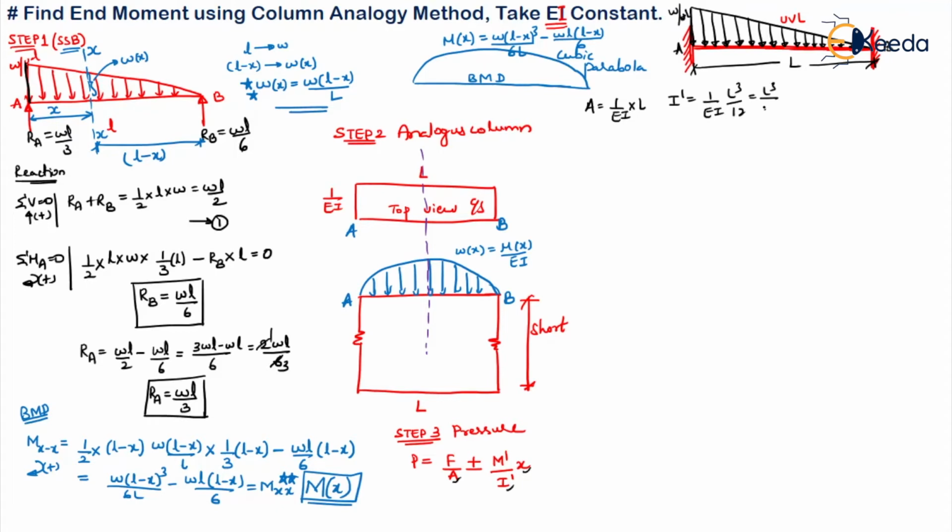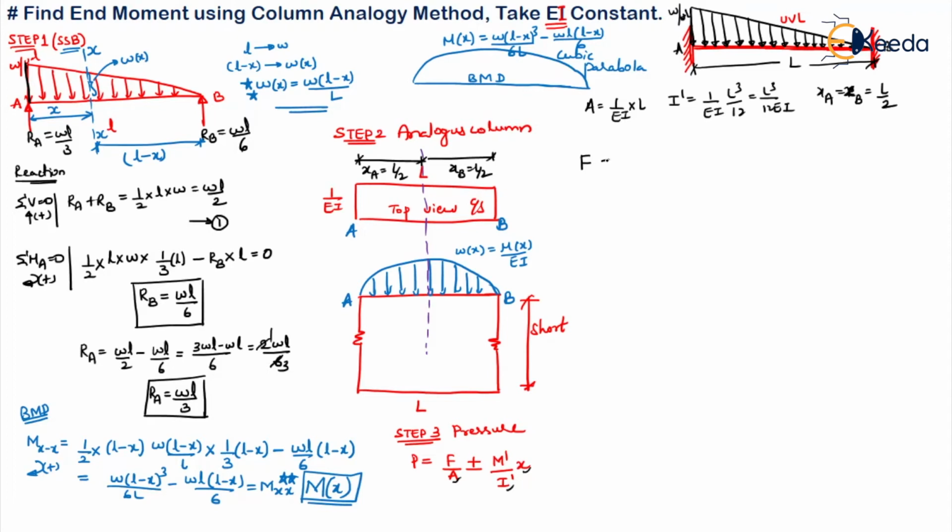So that's L cube by 12 EI, and your XA and XB will remain same. So that's your L by 2. Understood? Why? Because this is again a rectangular section. So your XA is L by 2 and your XB also is L by 2. So after that we want to find M and F and M dash.